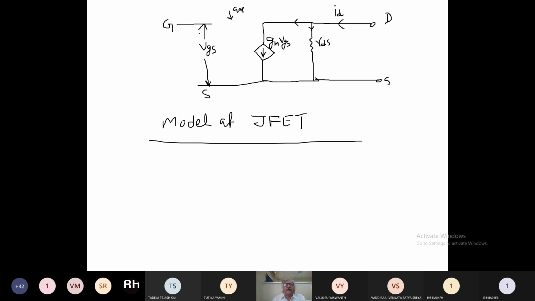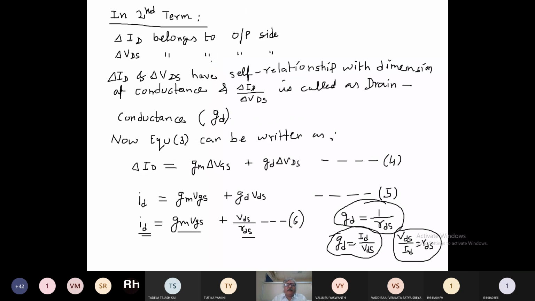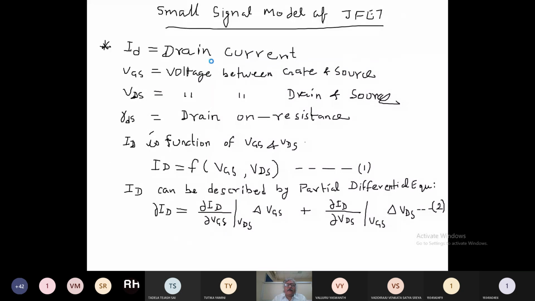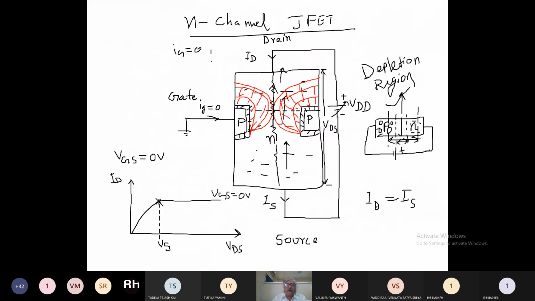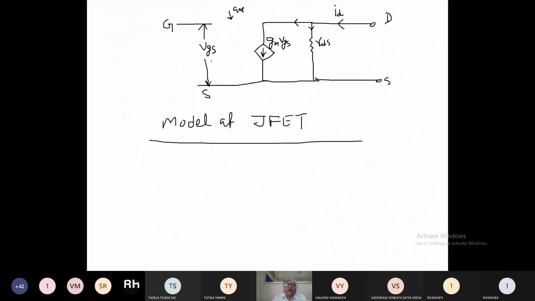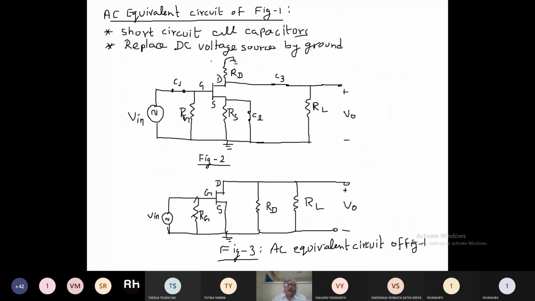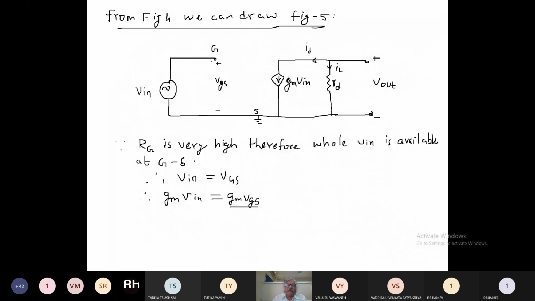Yes, this was your model, GM VGS. VGS is this. So GM VGS can be written as Vin, right? Since here I want to calculate the voltage gain, I will write it in the same way, as GM Vin only.